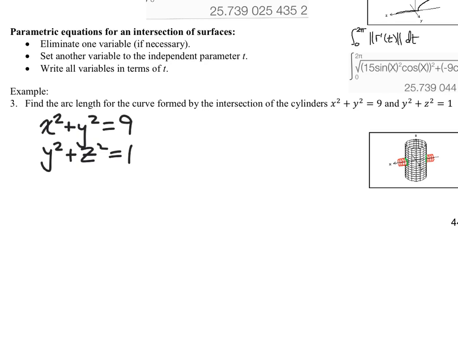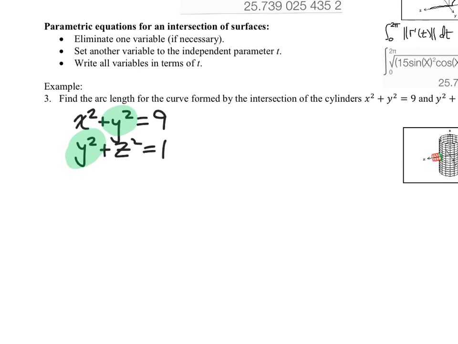I have 2 instances of y. I've got a y squared here and a y squared here. So I could solve one of these equations for a variable in terms of y. It doesn't matter which one you grab, I'll grab the second one, and it'll be z squared is equal to 1 minus y squared.